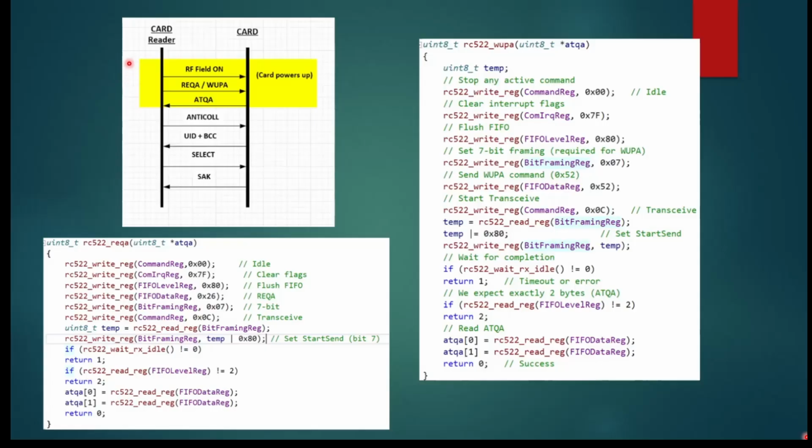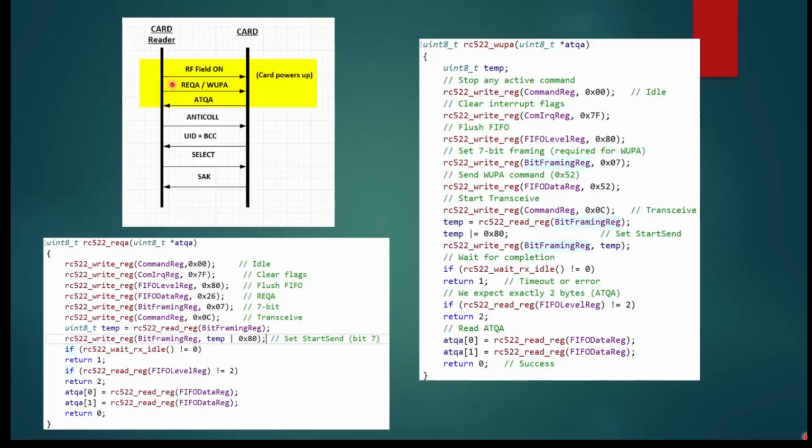The reader will send out the RF field, and that's going to power up any tag which is in the vicinity. To wake them up, we need to send the REQA or the WUPA message, and we expect to get a return from the tag of the ATQA.